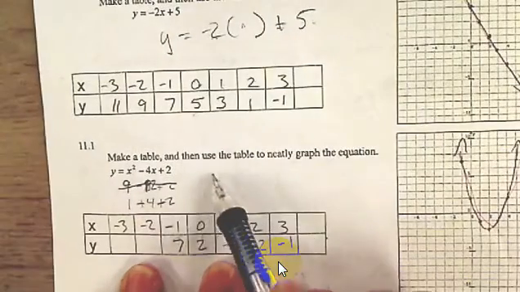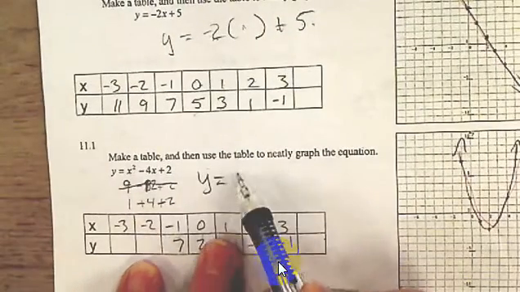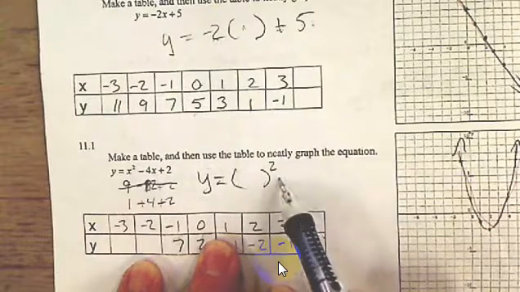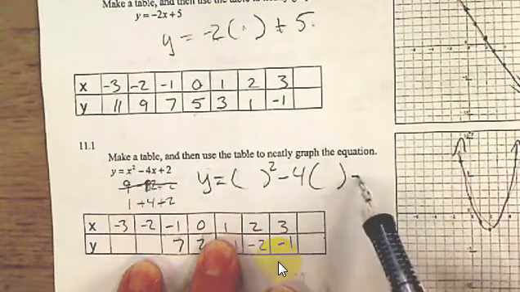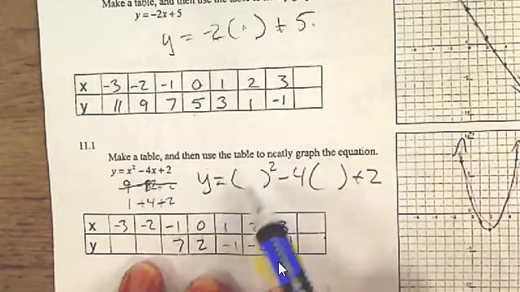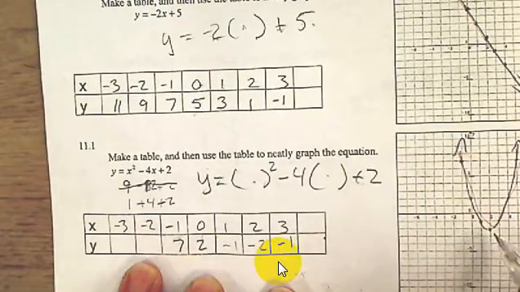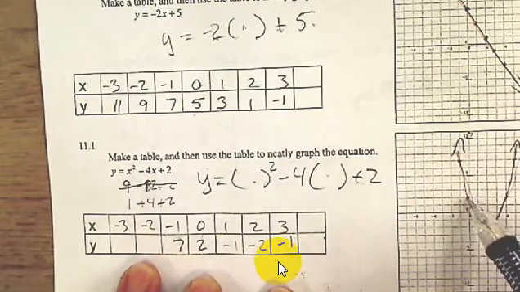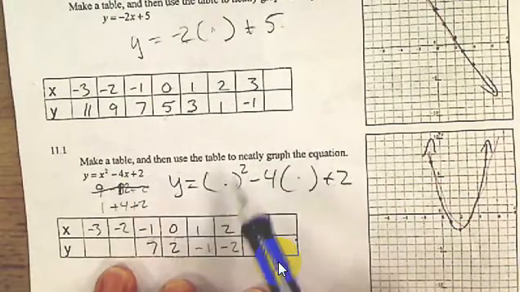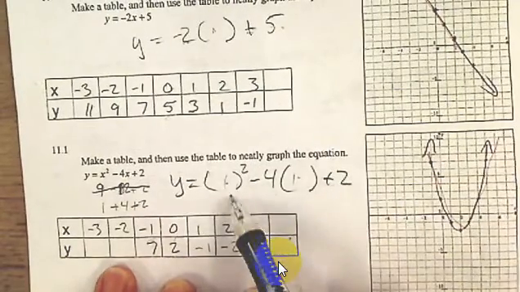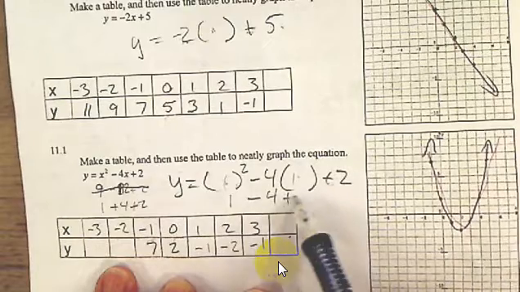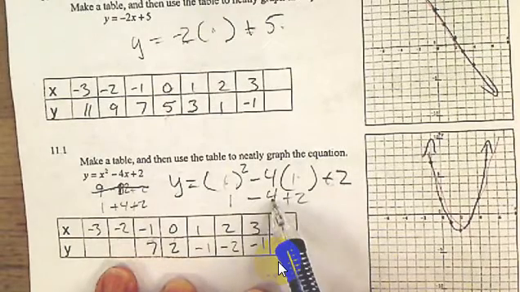Parabola. y equals the x squared minus 4 times the x plus 2. If you plugged in 0, 0 gives you out 2. 0, 2. There's my dot. Plug in 1. 1 squared is 1 minus 4 plus 2. So that's negative 3.